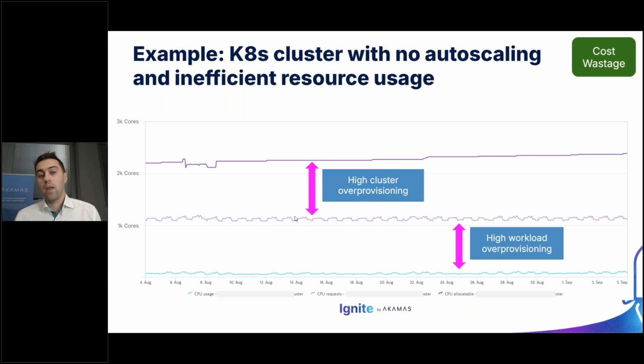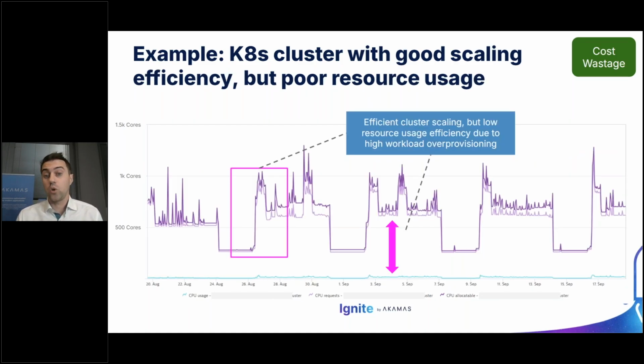But on top of that, let's see what happens when you are good in provisioning your cluster and when you are good in setting your autoscaler, for example. In this case, we see a cluster where the autoscaler is set up in an efficient way. So you can see that the cluster manages to scale in an efficient way, but at the same time, we are really, really far from the real CPU usage.